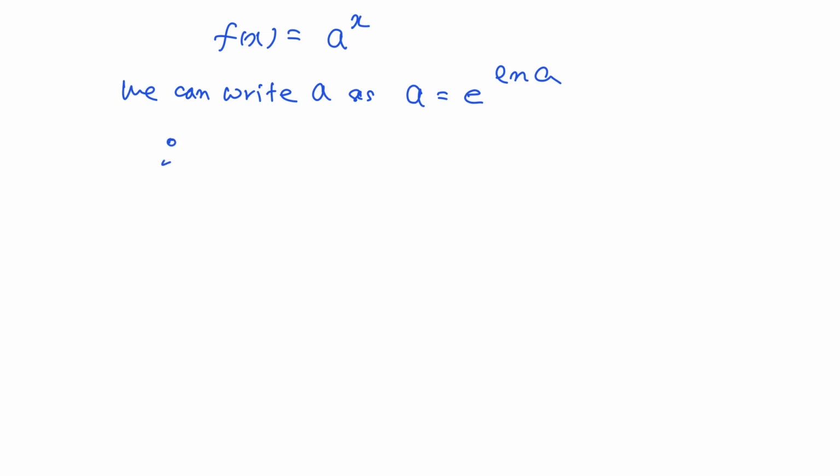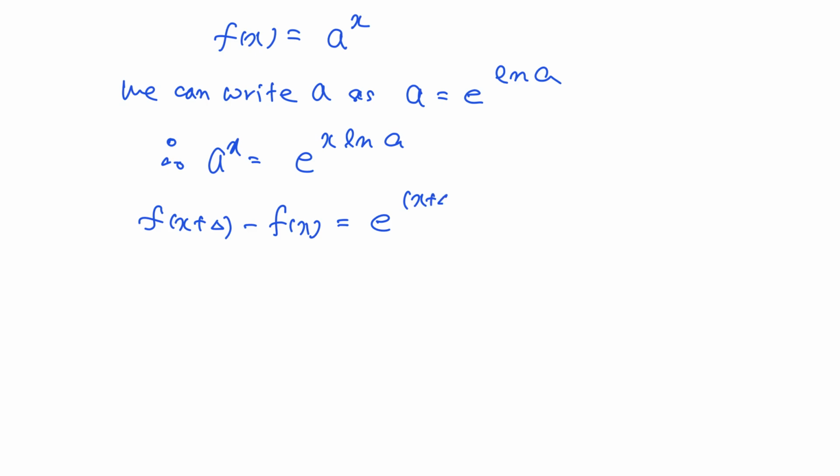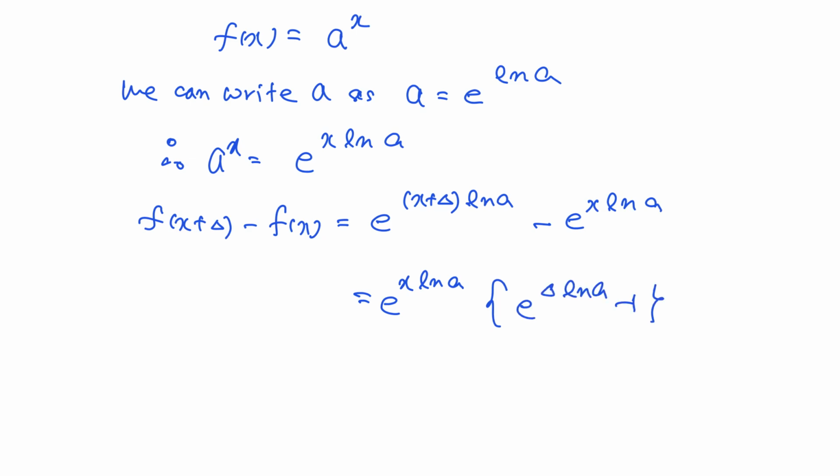Therefore, a to the x is e to the x ln a. f(x plus delta) minus f(x) is given by e to the (x plus delta) ln a minus e to the x ln a, which is e to the x ln a times (e to the delta ln a minus 1).